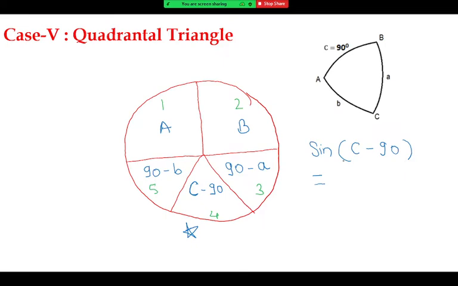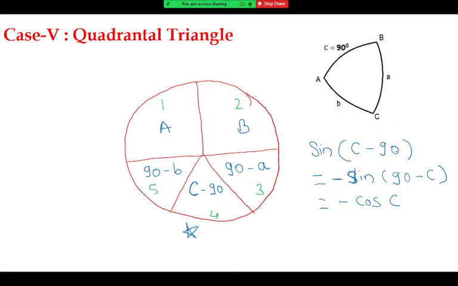Minus cos C is the correct answer, because first of all we should write it in a 90 minus theta form. So if you take minus common, sine of minus theta is minus sine theta. So this can be written as minus sine of 90 minus C, and sine of 90 minus theta is cos theta, so minus cos C.